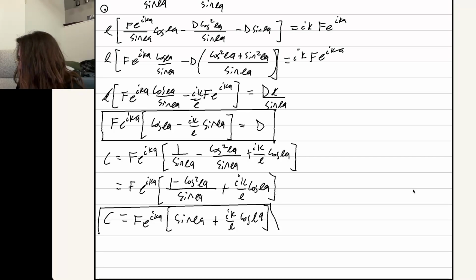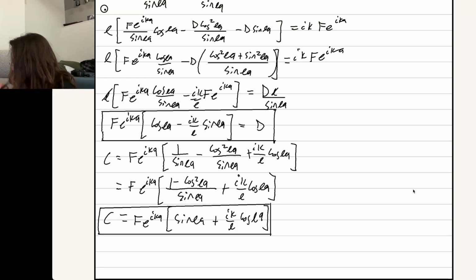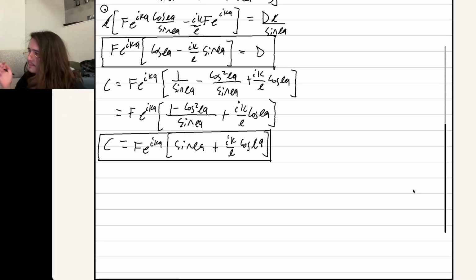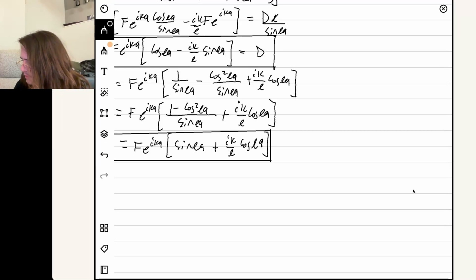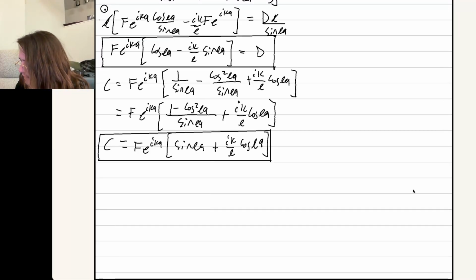Griffiths then tells us to plug these two expressions into a couple of equations that he got as boundary conditions. Those being that a e to the minus ika plus b e to the ika equals minus C sine La plus D cosine La.